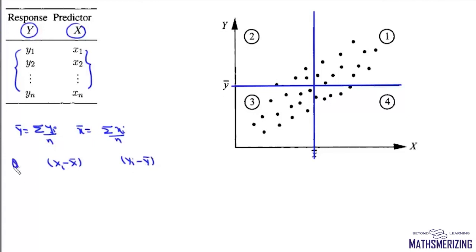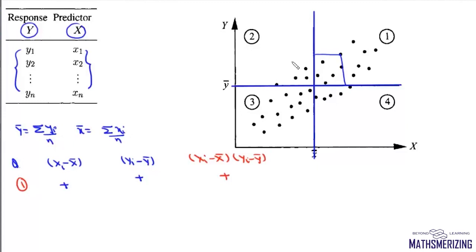And if we look at the quadrant, in the first quadrant, if we take any point, this point is above y bar. So this yi minus y bar will be positive. And if we consider its deviation from x, xi minus x bar will also be positive. And their product, xi minus x bar into yi minus y bar, will also be positive.